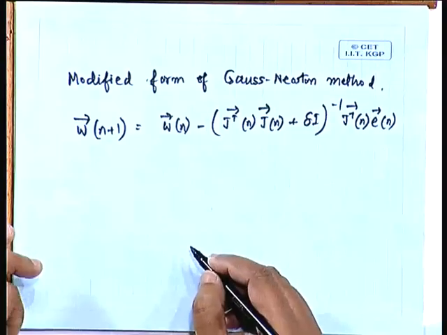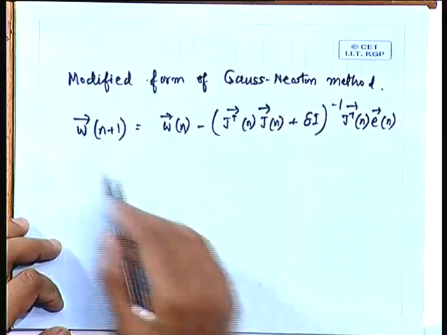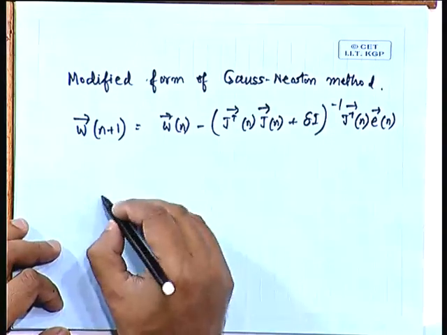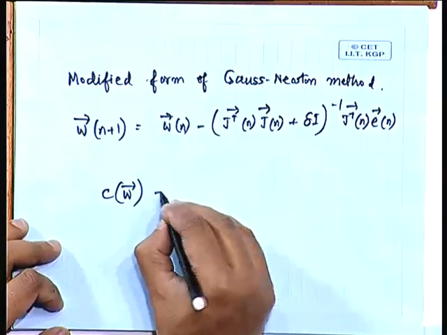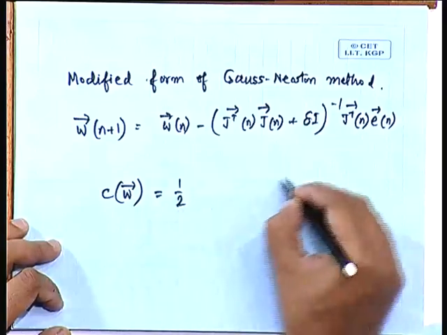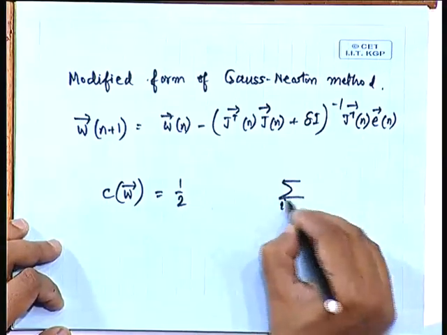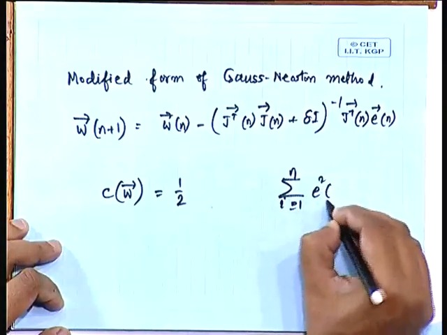So, this modification that we have done is effectively a solution of this equation. The cost function C of W, which we were earlier solving, was C equal to half of summation i equal to 1 to n of E i square.